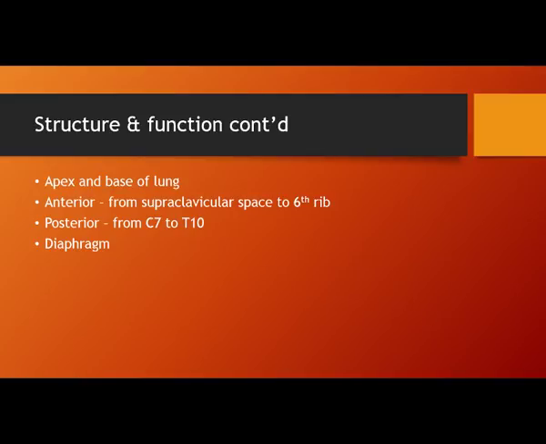The apex of the lung is the peak, at the top. It's a dome shaped, or not a dome, like a mitre, like a bishop in chess, mitre shaped structure at the top. And then the base is the structure at the bottom of the lung, and that's totally opposite to the heart.